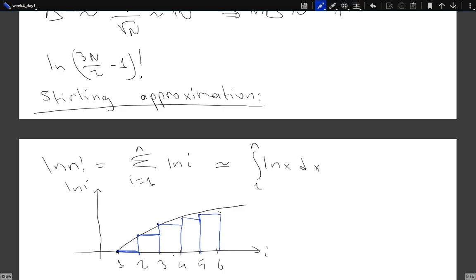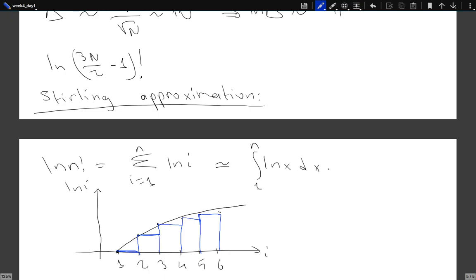In fact, the integral from 1 to n should be a lower bound of my sum, and the integral from 1 to n plus 1 is an upper bound to my sum. But the integral up to n or n plus 1 doesn't really make a difference if n is of the order of 10 to the power 23. So basically I can just approximate it by this number.